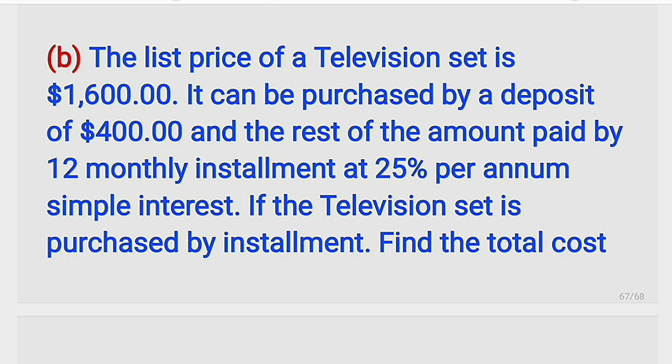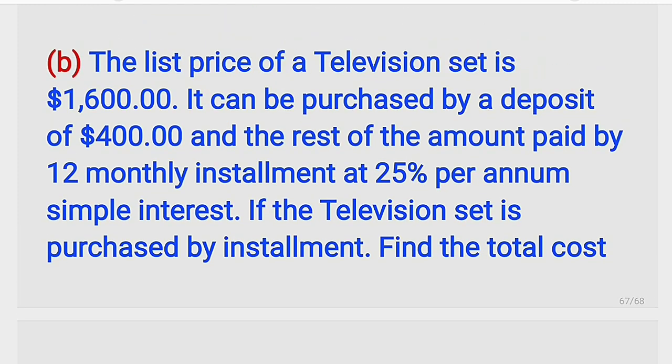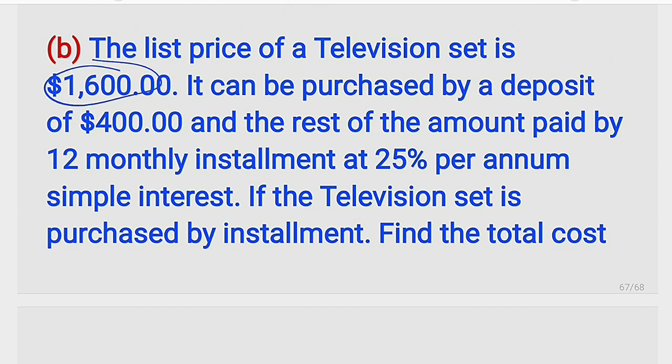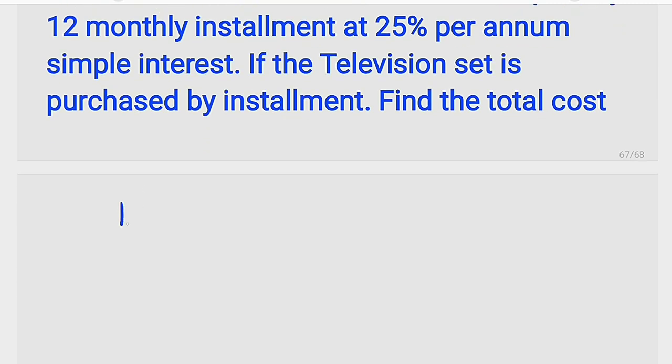So here is 10B. The question reads, the list price of a television set is $1,600. It can be purchased by a deposit of $400 and the rest of the amount paid by 12-month installment at 25% per annum simple interest. If the television set is purchased by installment, we are asked to find the total cost of the television. Since it is paid based on installment, the first deposit is $400, so we have to subtract it from 1,600.